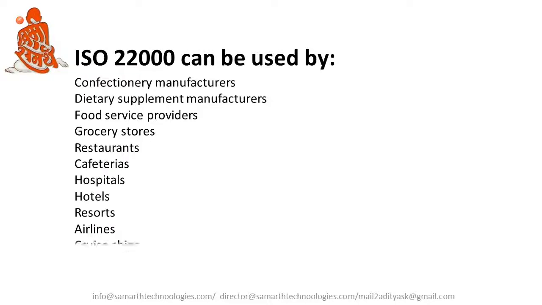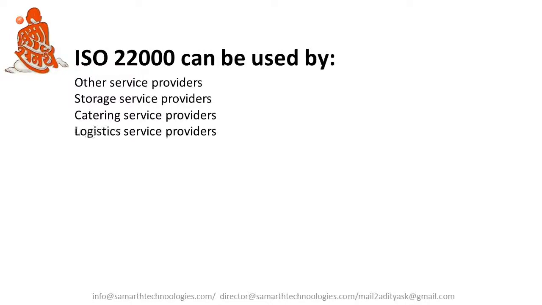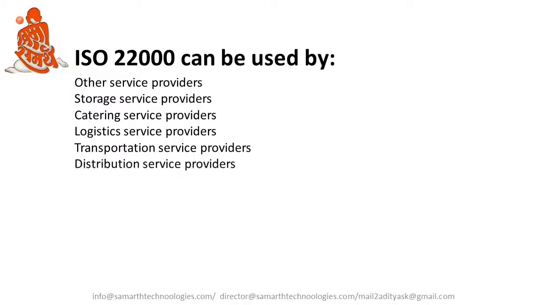airlines, cruise ships, seniors' lodges, nursing homes. Other service providers include storage service providers, catering service providers, logistics service providers, transportation service providers, distribution service providers, sanitation service providers, cleaning service providers.